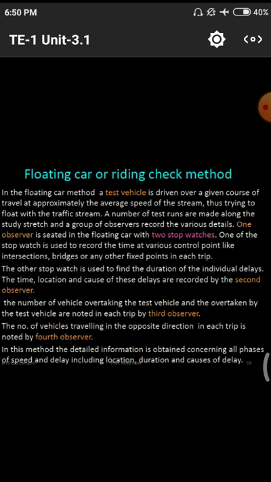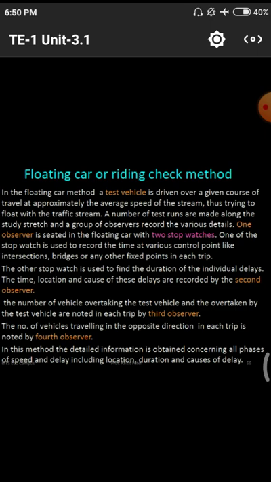By moving from starting point to ending point, one person will calculate the spot speed study, and another person deals with the delay study. Simply two persons, one allocated to speed study, another allocated to delay study. Those two studies will be calculated at a particular time by using these two different stopwatches.